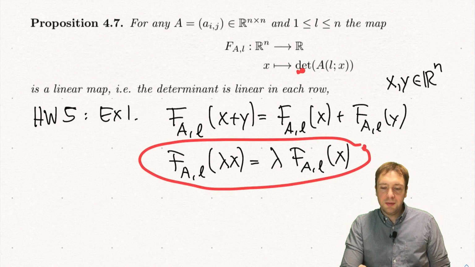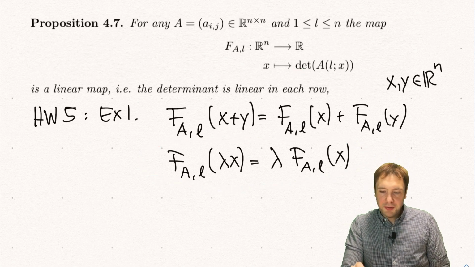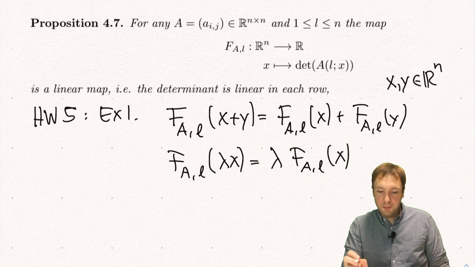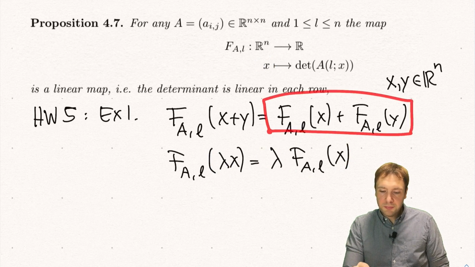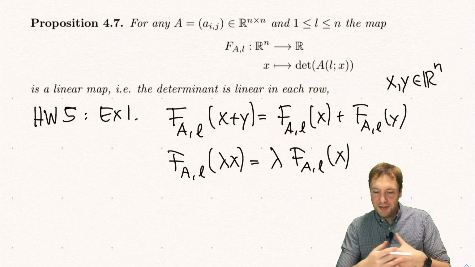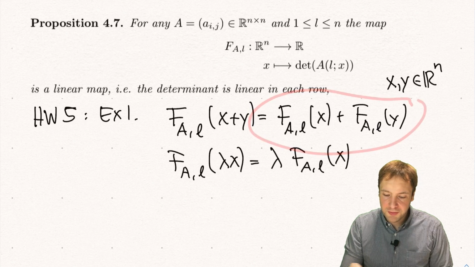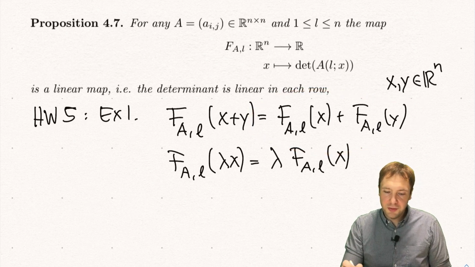So for example, what does this mean? This means if I have some matrix here, and I multiply the l-th row with some lambda, then the determinant of this matrix is also multiplied by lambda. And also, if I add two rows, then we see that we can add the determinants.